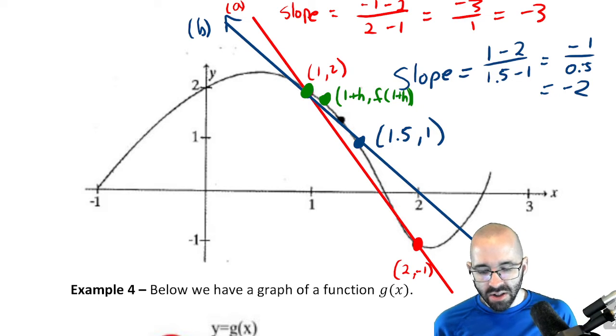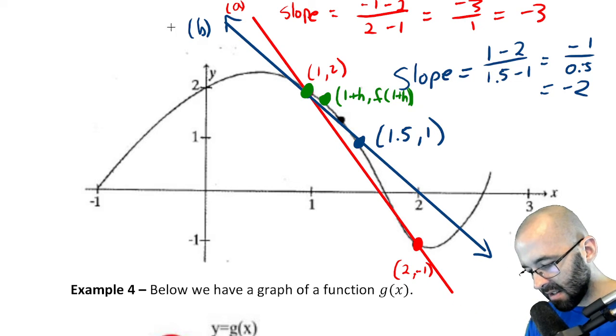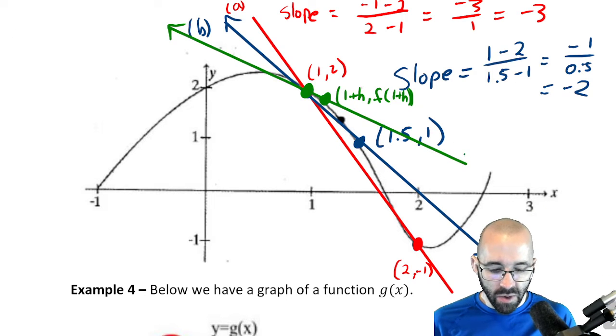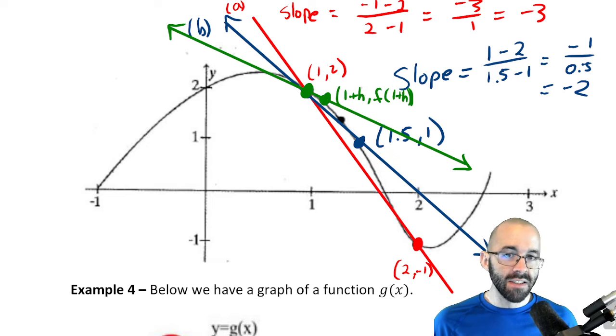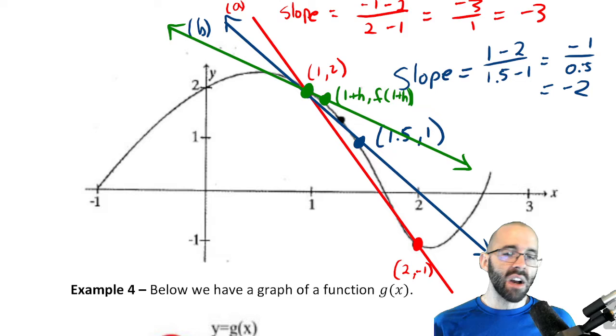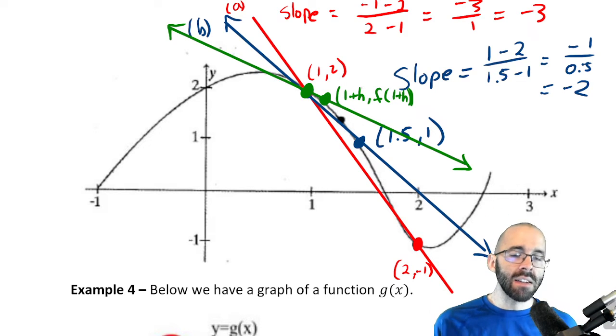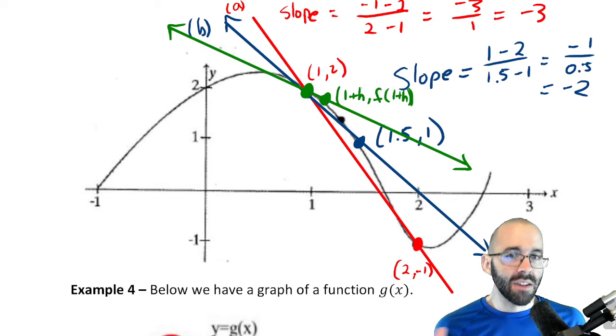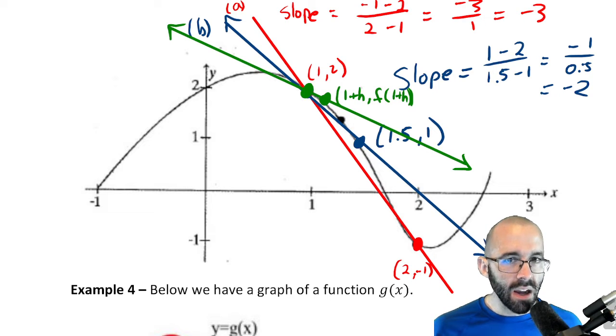Well, now what our secant line will look like is like this. And notice that all of these secant lines are getting closer and closer to this idea of some tangent line. The closer your points get together, the closer you get to approximating the tangent line, which we haven't talked about finding yet, because that's in a future section, okay?